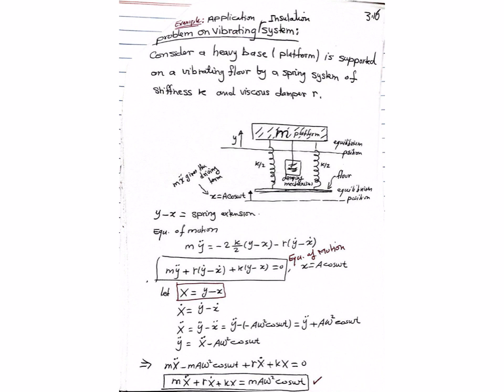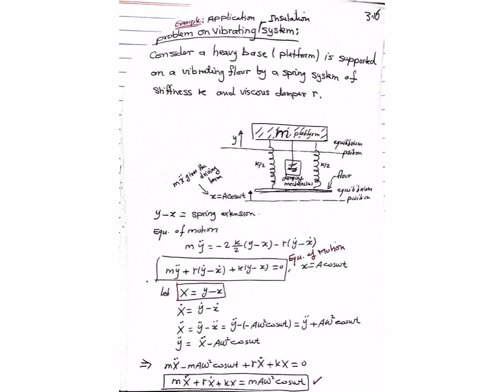We know that x is given by some amplitude a cosine omega t. It has a certain frequency. In order to solve this equation for y, let's use a transformation: X capital equals y minus x small. Then the first derivative is y dot minus x dot. Another derivative, X capital double dot equals y double dot minus x double dot.